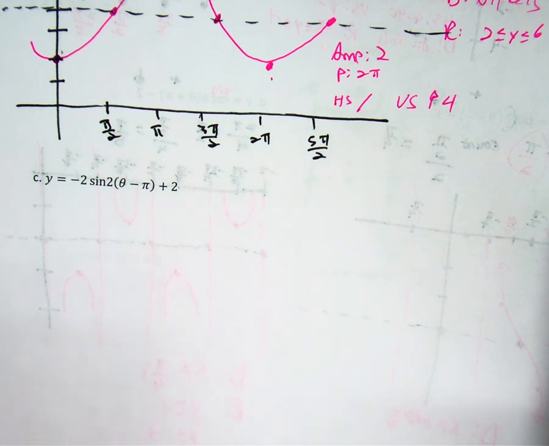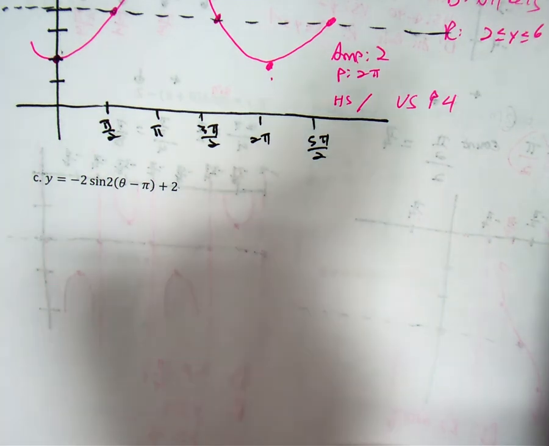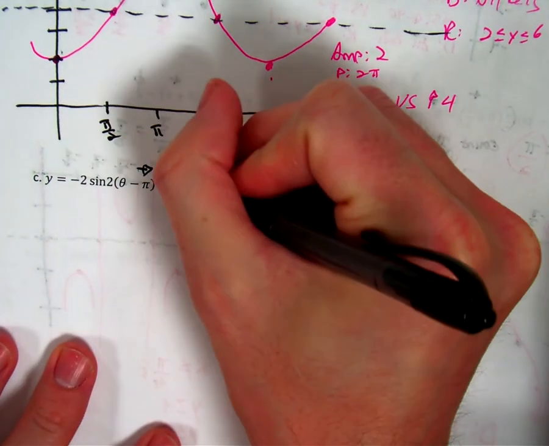Let's have some fun with it. So we are going to be pi to the right and 2 up.